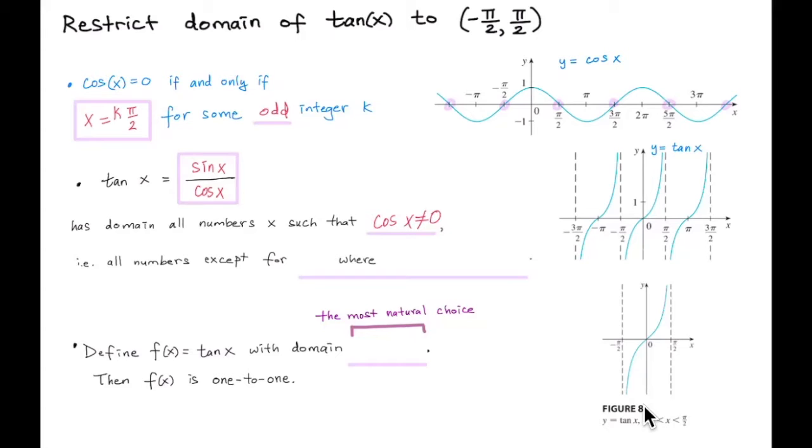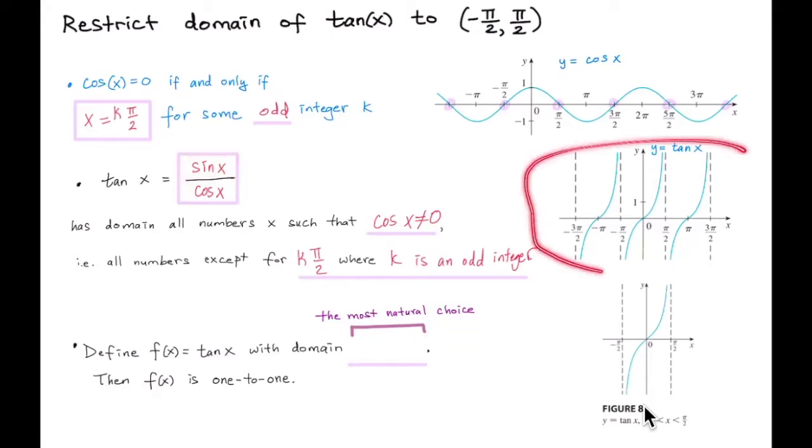That is all numbers except for pi over 2 times k, where k is an odd integer. And the reason I can have all numbers is because the domain of sine of x is all numbers.